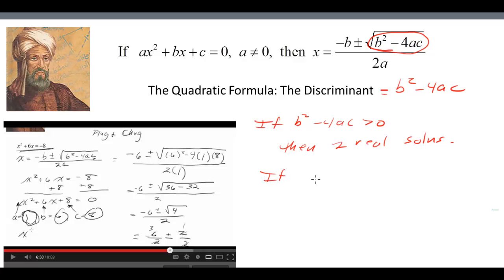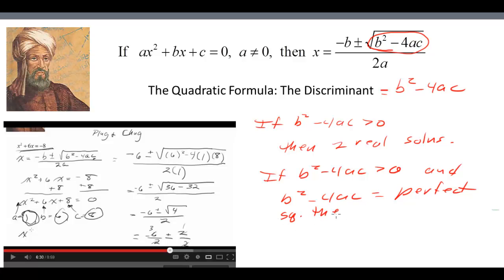If b squared minus 4ac is greater than 0 and b squared minus 4ac equals a perfect square, then you get two rational solutions.